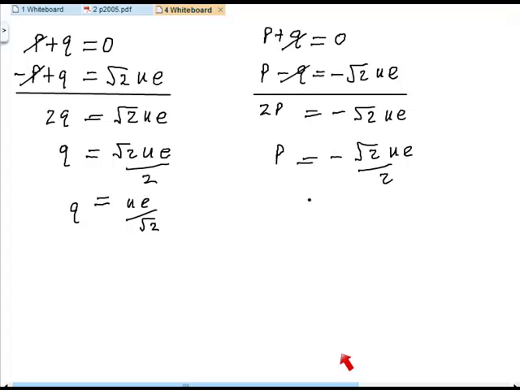And again, dividing above and below by root 2, this gives us P is equal to minus UE over root 2.